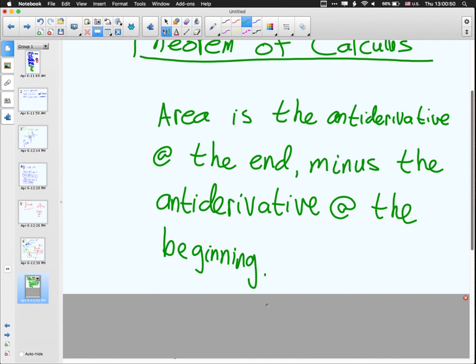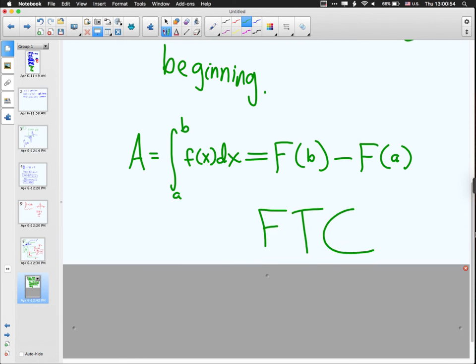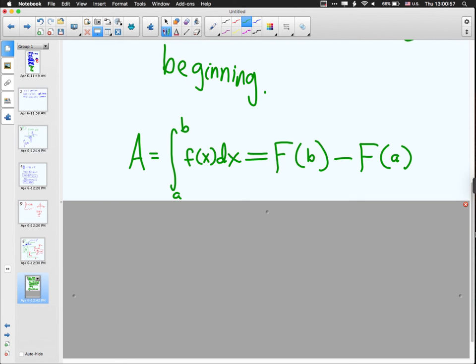Okay? More mathy, stated this way. Like on the quiz, I didn't have numbers down here, the A and B. It was just the antiderivative, and we ended up with a plus C, right?